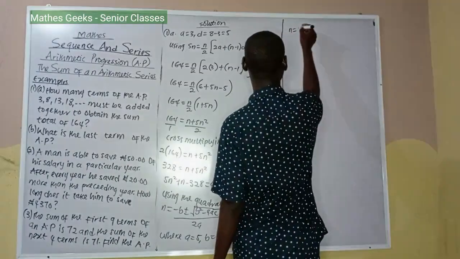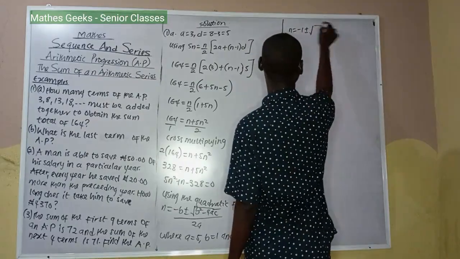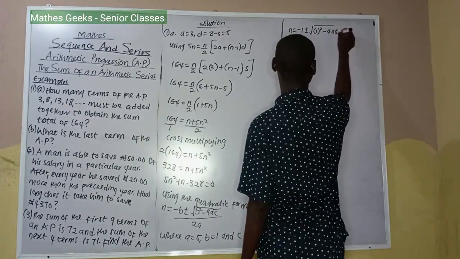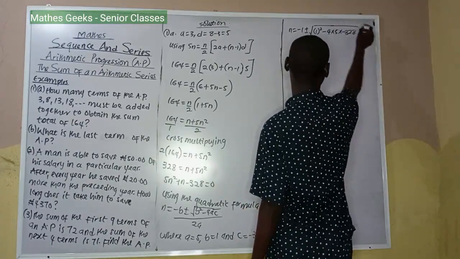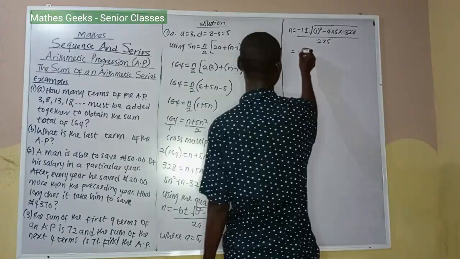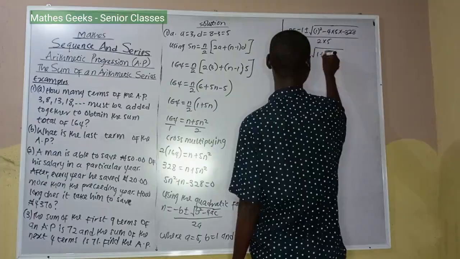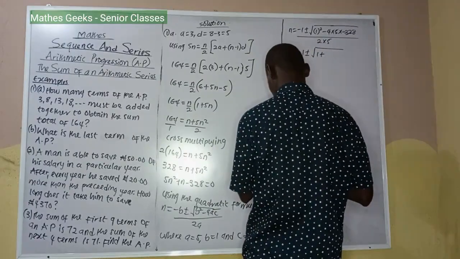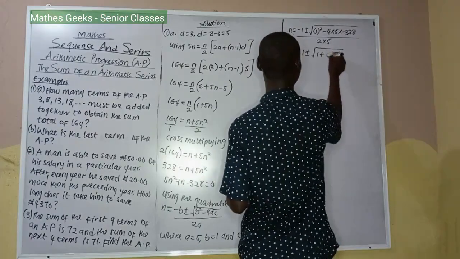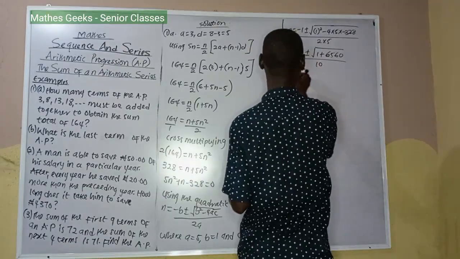So n is equal to minus 1 plus or minus the square root of 1 squared minus 4 times 5 times minus 328, over 2 times 5. Minus times minus equals plus; 4 times 5 is 20, times 328 is 6560. 2 times 5 is 10.